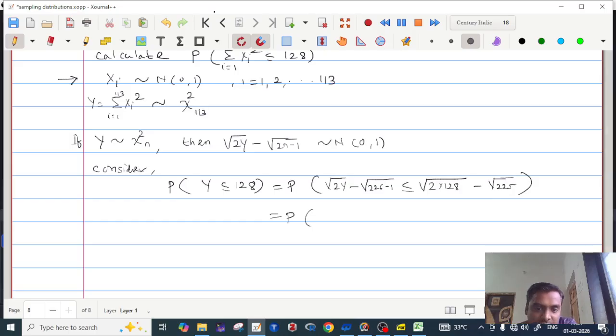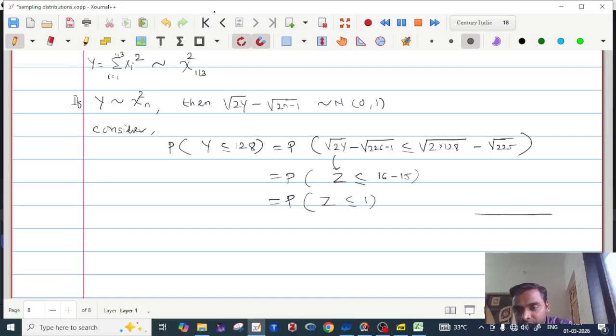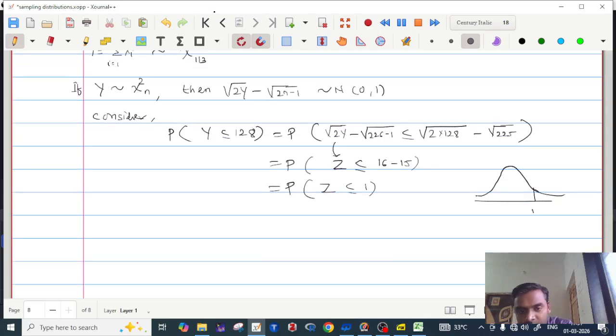By Fisher approximation, this is under root 2Y minus under root 2n minus 1. This is normal 0, 1, which is Z. The quantity Z is less than or equal to 256 square root, which is 16. Square root of 225 is 15. This is the probability of Z less than or equal to 1, which is nothing but 1 minus the probability of Z greater than 1.